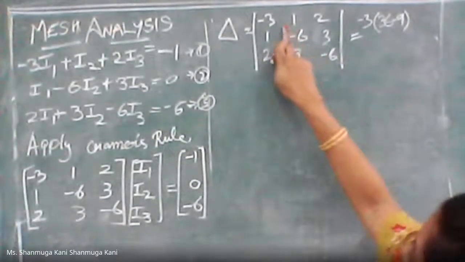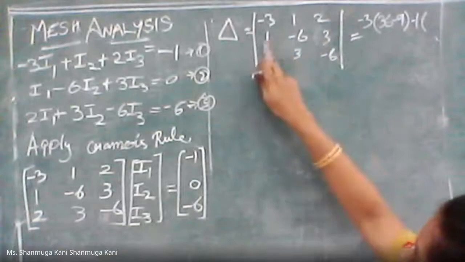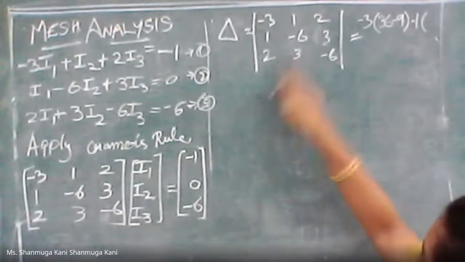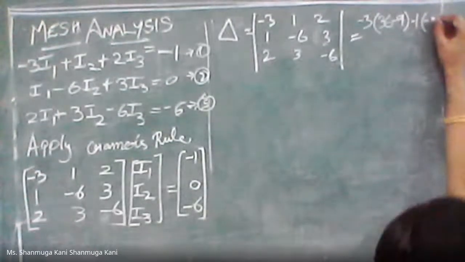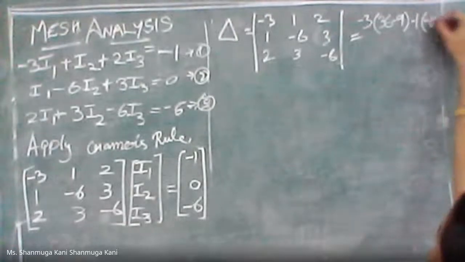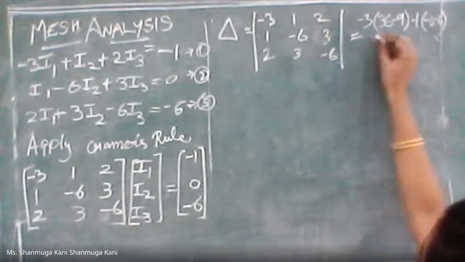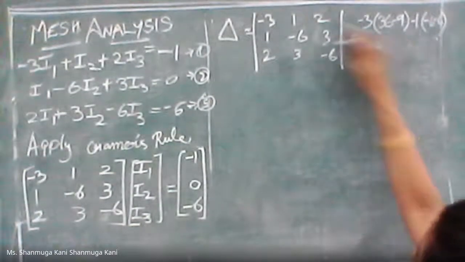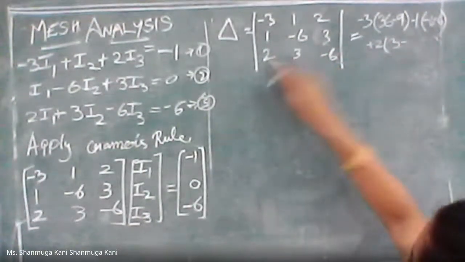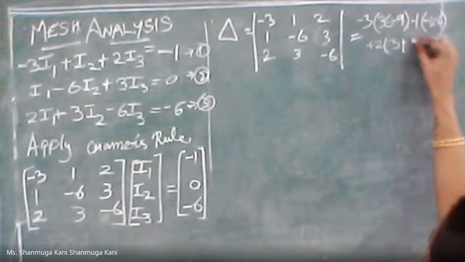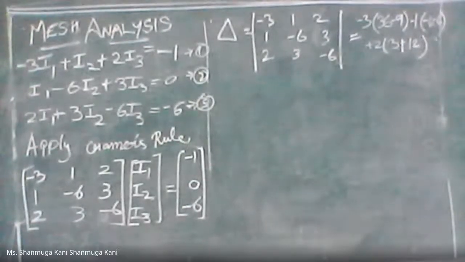Then minus 1 into, leaving the row and the column, 1 into 6 minus 6, minus 6 minus. Then you have to take for 2, plus 2 into, leaving this, just 3 minus 3, minus of minus plus 12. Correct? And you solve it and get your value.